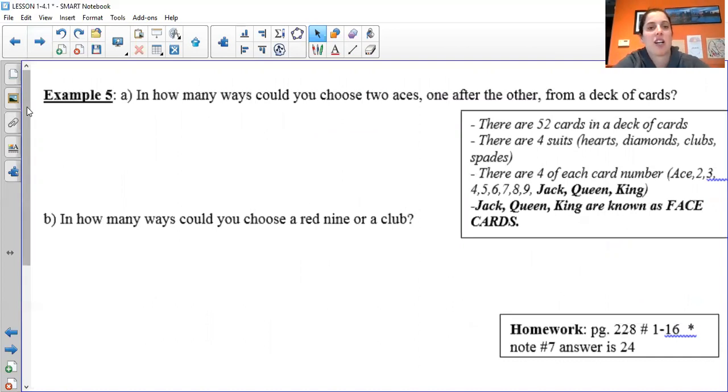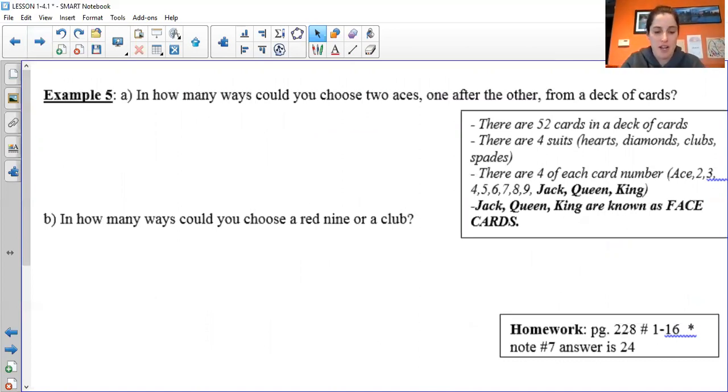Last example, just to kind of review a deck of cards. I usually bring a deck of cards to my lessons at school. A deck of cards has 52 cards in the deck. There's 4 different suits.